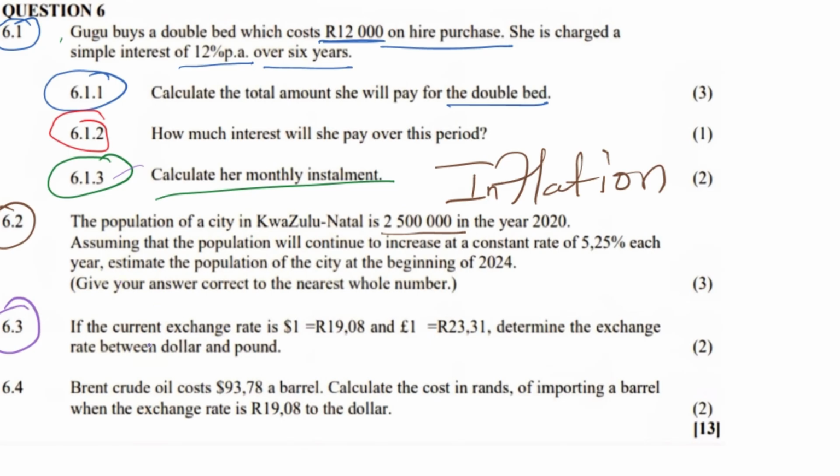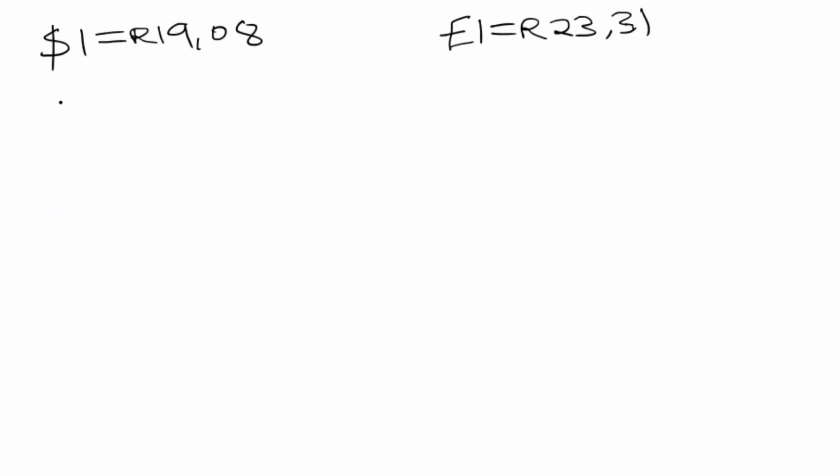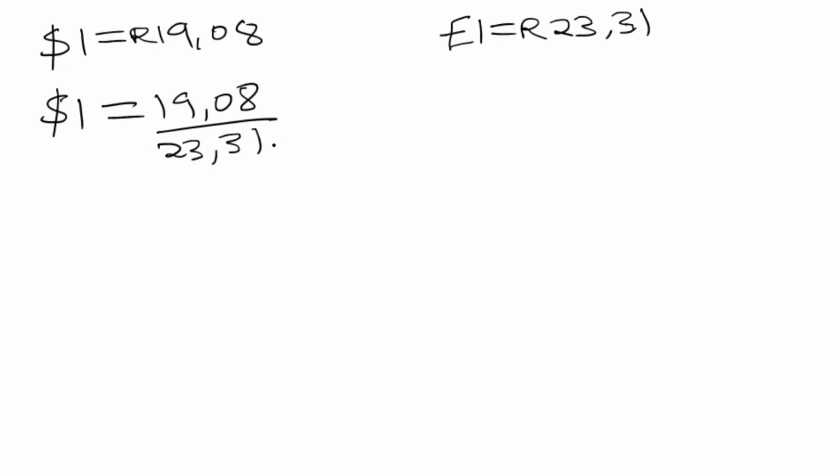6.3. If the current exchange rate is $1 is equal to 19 rand 8 cent, and £1 is equal to 23 rand 31 cent, determine the exchange rate between the dollar and the pound. So let us go ahead and work. So we'll have 19.08 divided by 23.31.